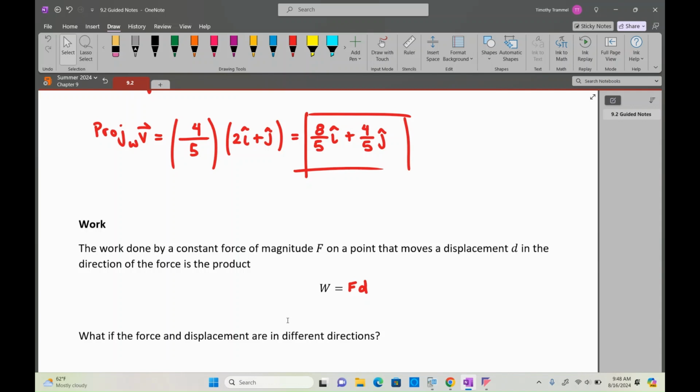It's really a one dimensional definition. It says the work done by a constant force of magnitude F on a point that moves a displacement D in the direction of the force is the product of that force times the displacement. And that's just the magnitudes because, again, this is one dimensional.